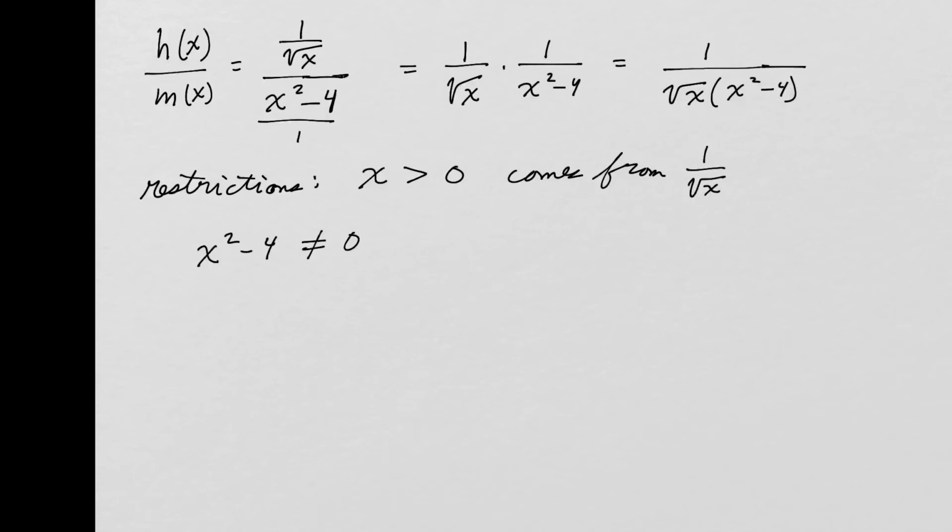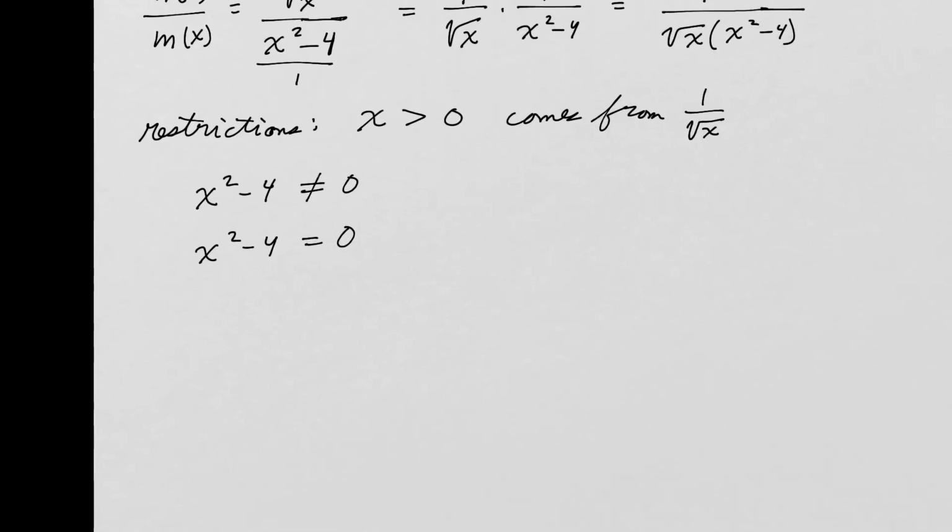Okay, so how do I figure out what values x can't be? Well, if x squared minus 4 can't be 0, let me set it equal to 0 and solve. Let me figure out what makes that expression equal to 0. In this case, it's really easy to factor it. In fact, it's just a difference of squares. So this is x plus 2 times x minus 2.